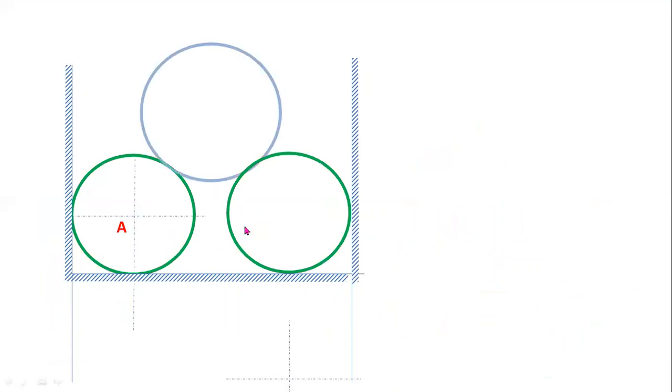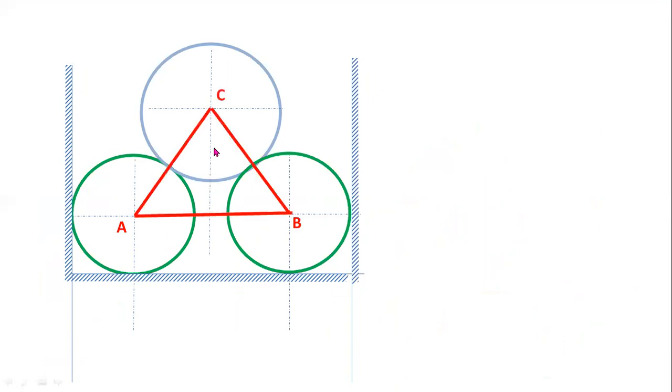This is the given diagram. Here you have to join each center like this. ABC is a triangle, an isosceles triangle.